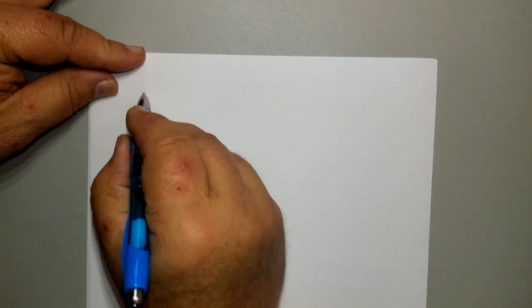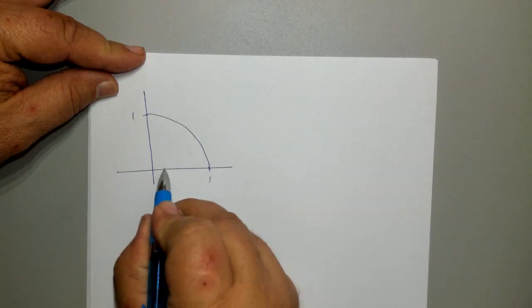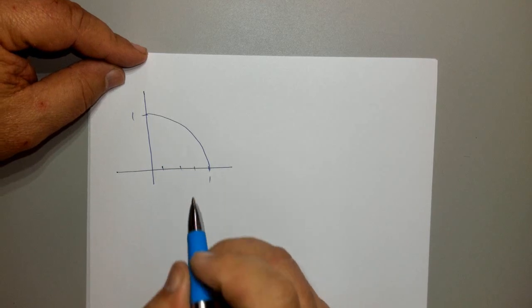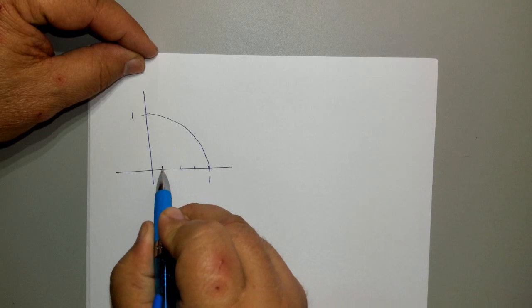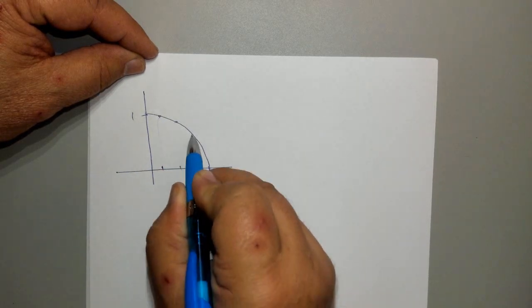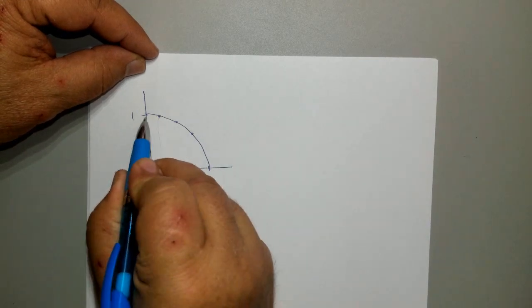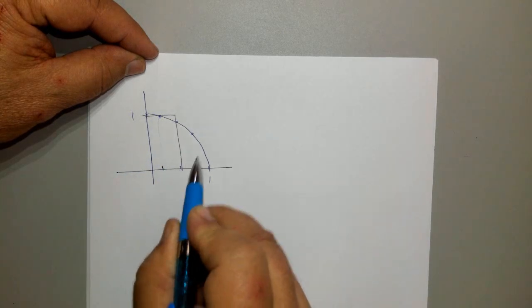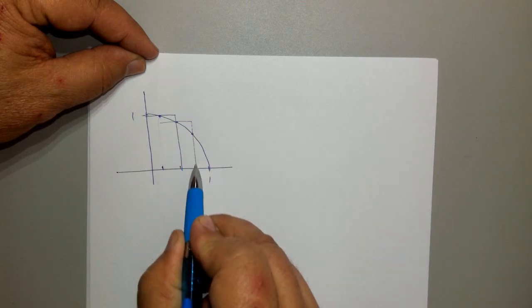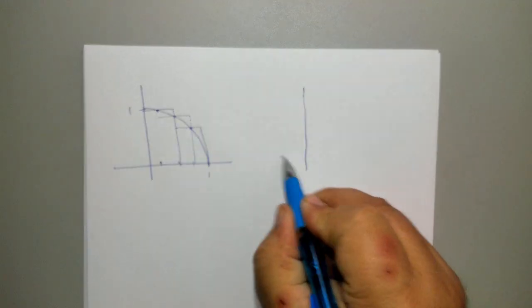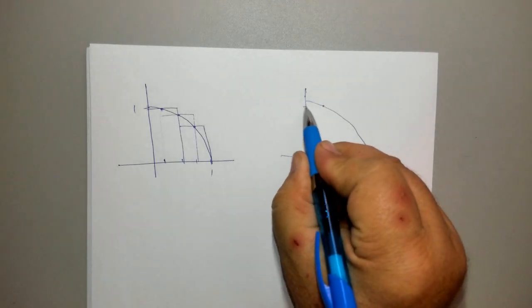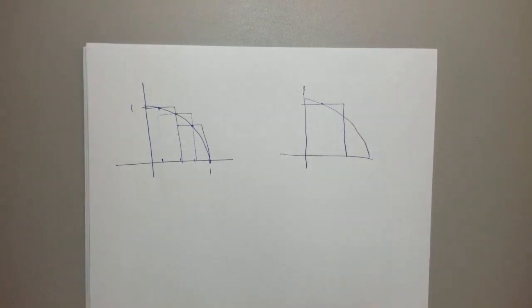What if these were the midpoints? When we did the graph itself, the rectangles look like this.